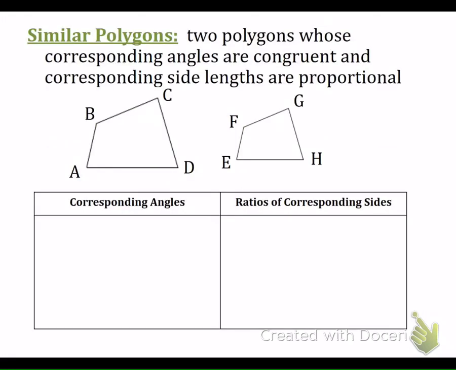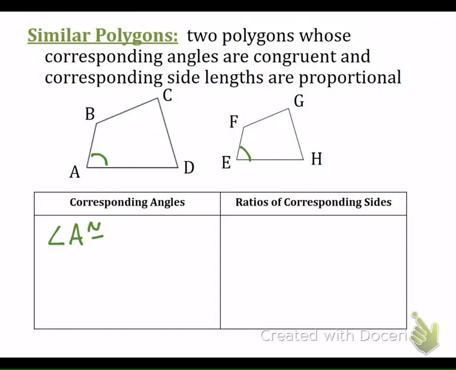So, our first vocabulary word for today is similar polygons. It's two polygons whose corresponding angles are congruent and whose corresponding side lengths are proportional. So, I am going to label these with the congruent angles, okay? So the corresponding angles are congruent.